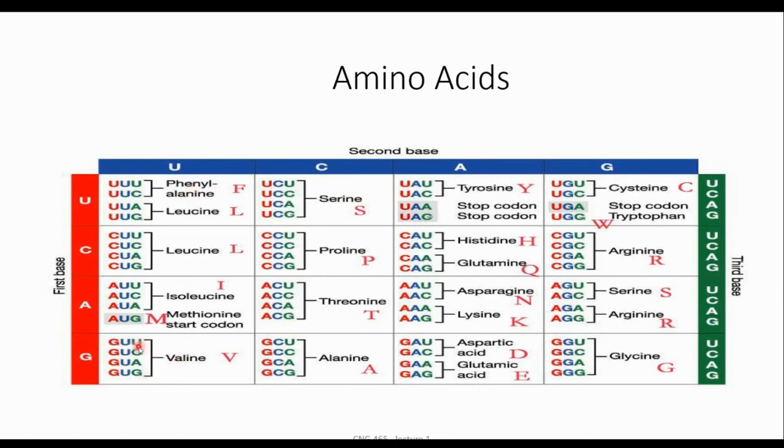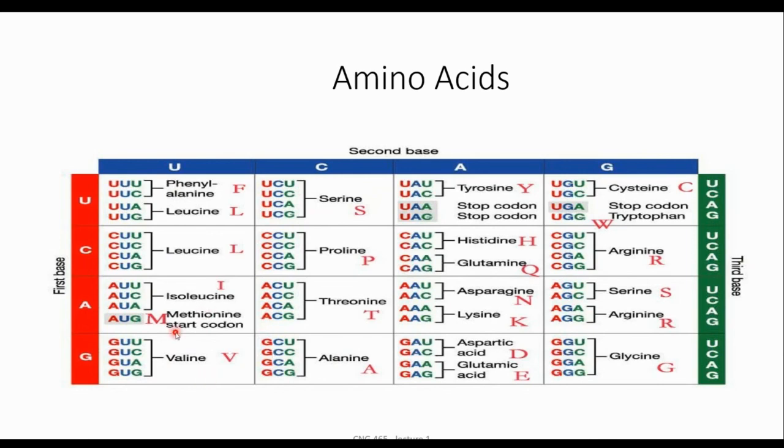Or for example, GUU will be translated into valine. So you see, some different codons, triplets like this, can create the same amino acid. So this table is very useful for us to know from which codon we can reach which amino acid.